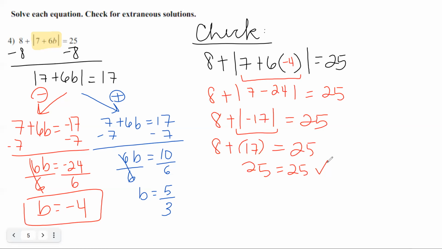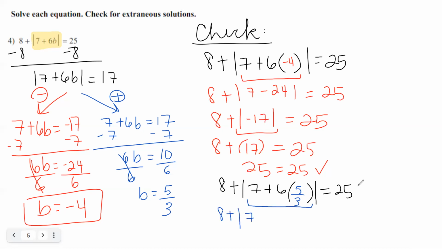Now I'm going to plug in 5/3. Is 8 plus the absolute value of 7 plus 6 times b equal to 25? And I'm going to plug in 5 divided by 3. Again, we're going to simplify this inside here first. So I still have 8 plus the absolute value of 7 plus 6 times 5 is 30 divided by... oops, 30 divided by 3, I'm sorry.